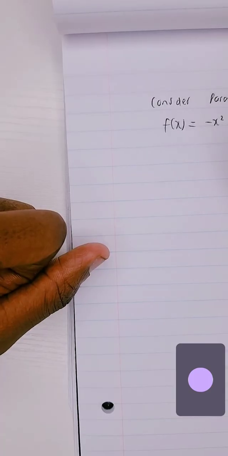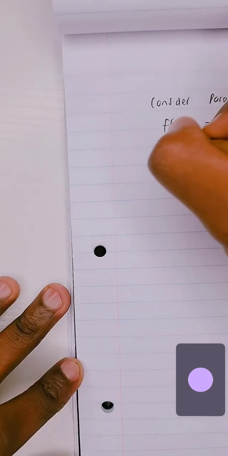Consider the parabola f of x equals negative x squared plus 16. And then it says with x-intercepts at points A and B on the x-axis.